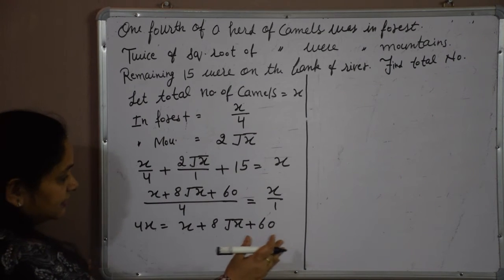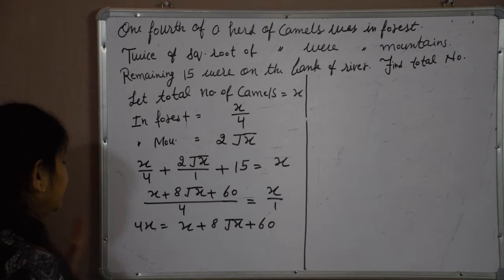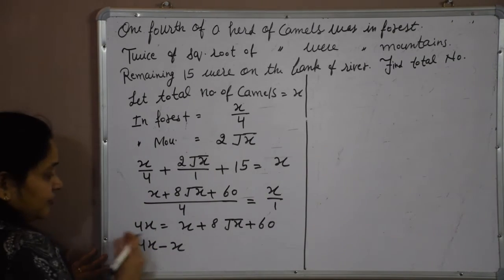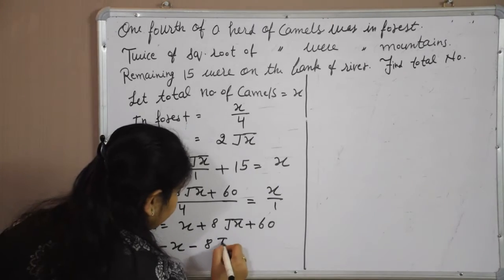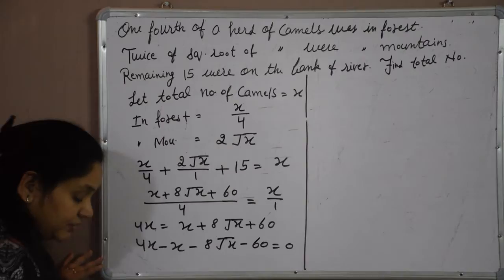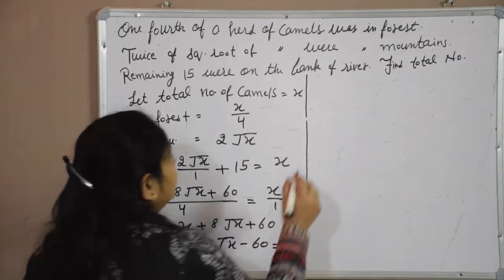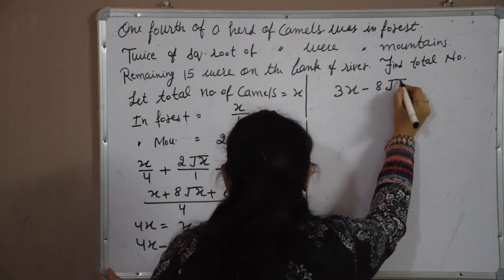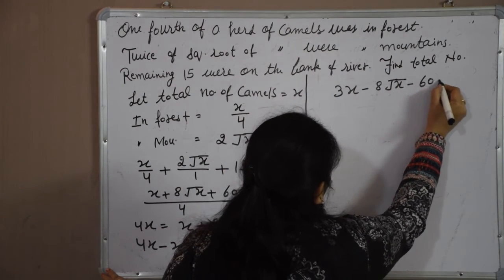We will transpose the whole equation to the left hand side. So 4x minus x, the sign will change, minus 8 root x minus 60 equals 0, and it becomes 3x minus 8 root x minus 60 equal to 0.